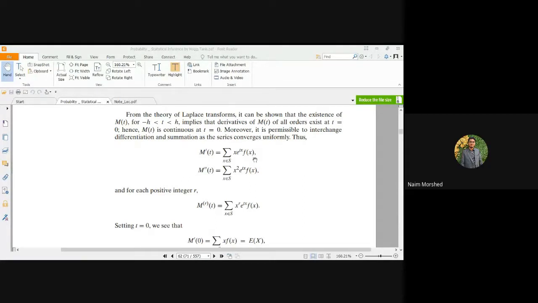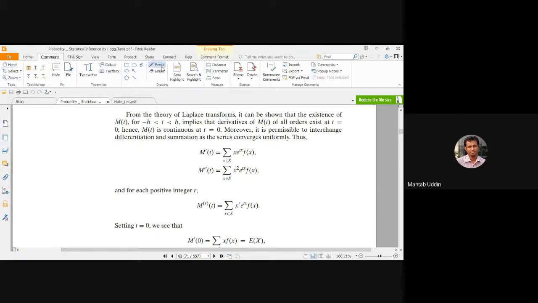In the last class, we have seen how using the expectation we can find the mean and variance. I want to revise.